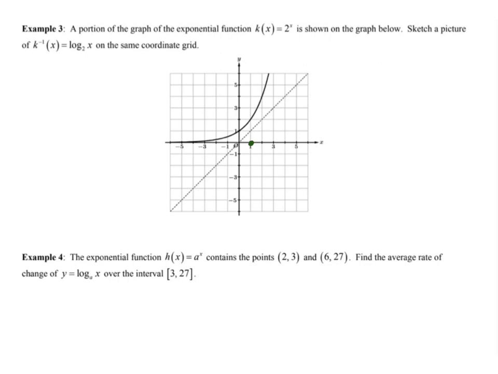This one approaches the x-axis to the left, but never touches. My inverse function is going to approach the negative y-axis, but never touch. Right? What's one more point that we could see? 2, 4. I'm going to replicate by going to 4, 2.